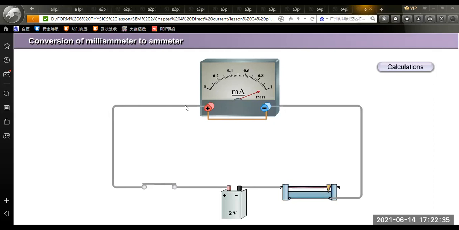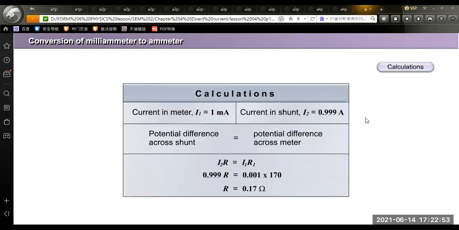So we allow only 1 milliampere to pass through the meter. The rest will flow through the shunt. That means I total equals I milliammeter plus I shunt. So from here, we get that the resistance of the shunt should be 0.17 ohm.